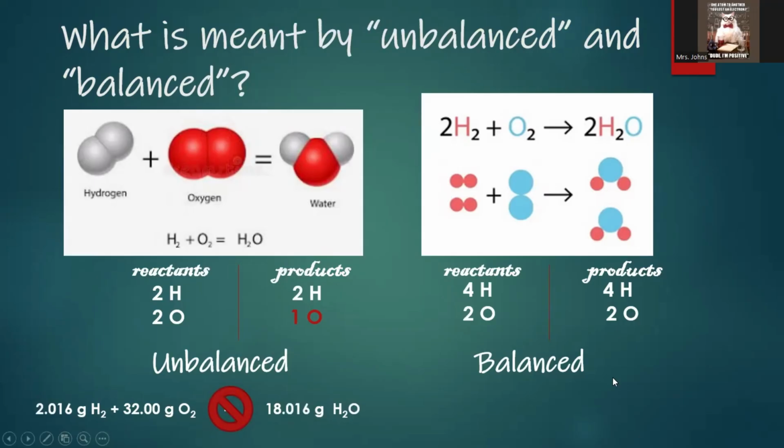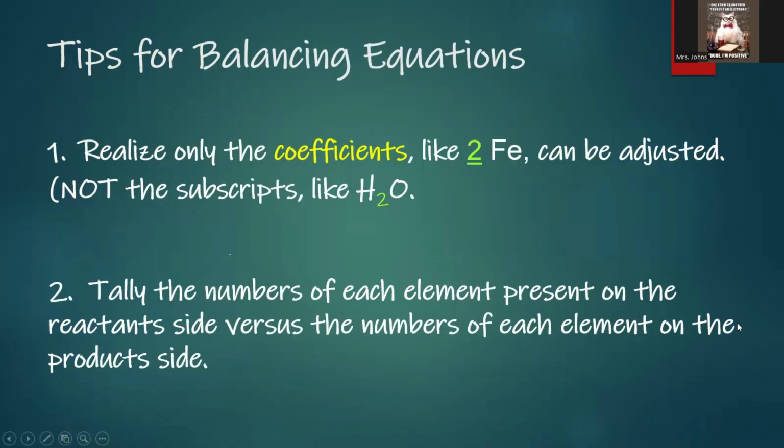But over here, 4.034 grams of hydrogen gas and 32 grams of oxygen gas does yield 36.034 grams of water. So this one is balanced.